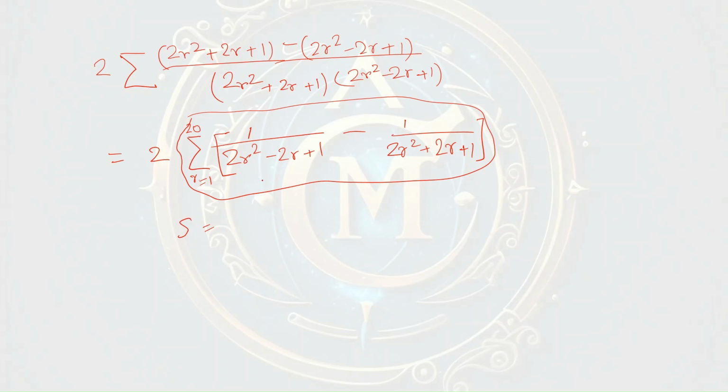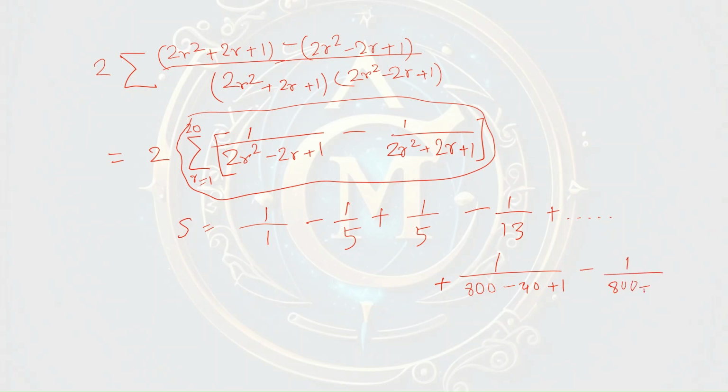So this will be 1 over, if we put r equal to 1, this becomes 1 minus 1 over 5, and then plus, if we put r equal to 2 in this whole part, it will become 1 by 5 minus 1 by 13, and then so on up to, if we put r equal to 20, it will become 1 over 2 into 400, so 800, minus 2 into 20, so 40 plus 1, minus this term.